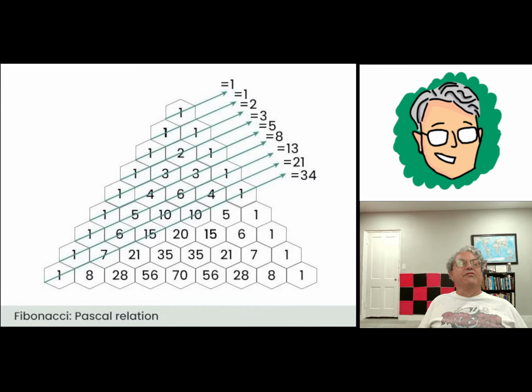And then you can keep going like that. The next one's 1 plus 2. The next one's 1 plus 3 plus 1. And these are all Fibonacci numbers. So I think that's pretty amazing that you get the Fibonacci sequence inside Pascal's triangle.